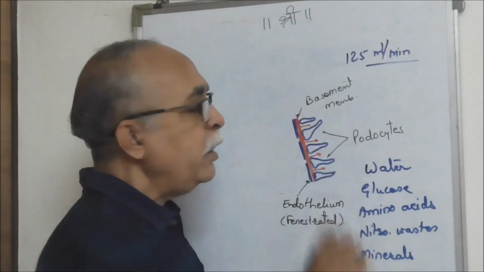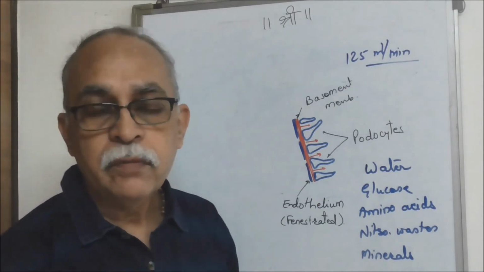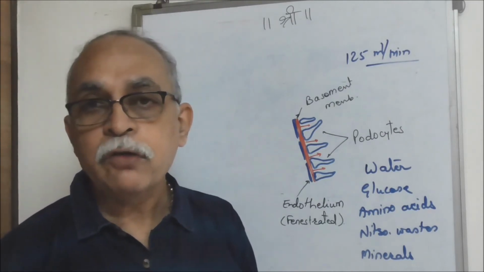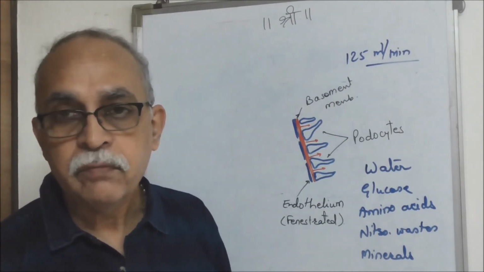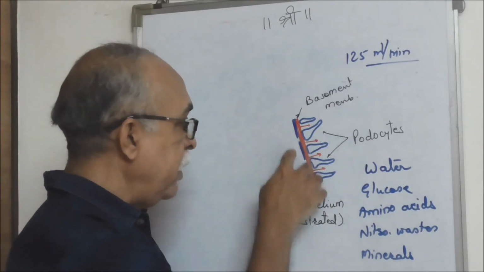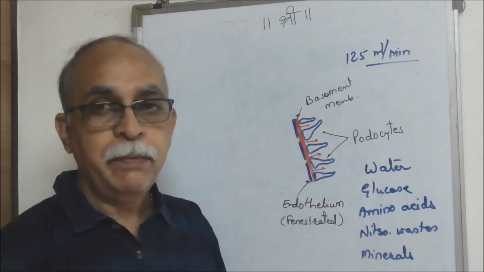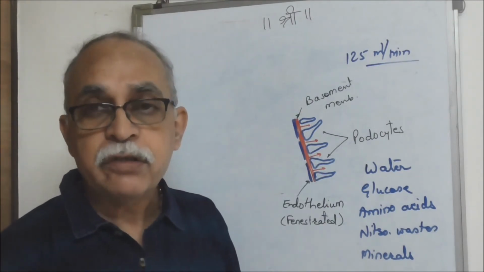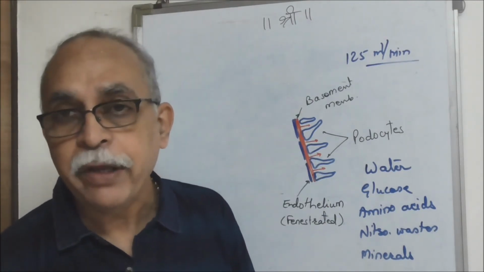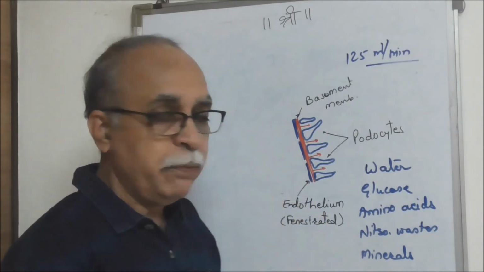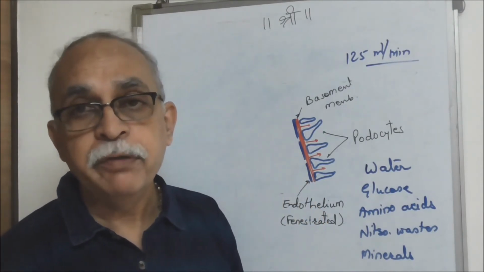But then this 125 ml per minute, it is happening because of what pressure? See, blood pressure in the glomerular capillaries is found to be almost the highest in the body. Here the blood pressure is around 55 millimeters of mercury.